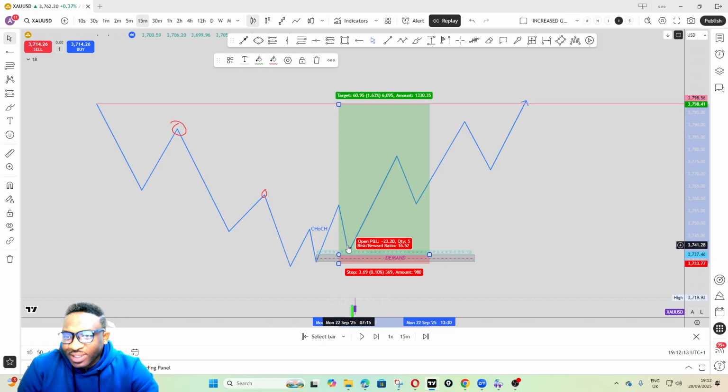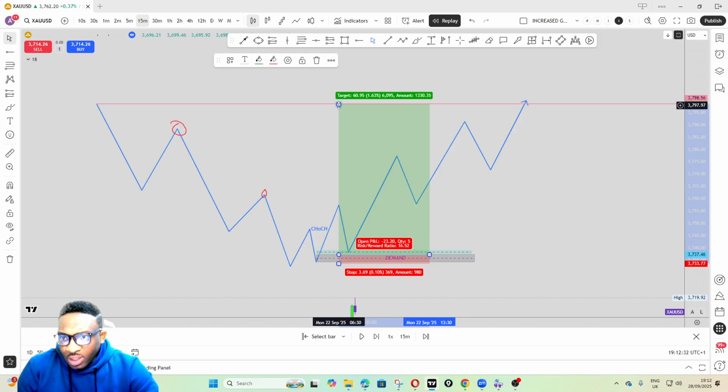For instance, if you take a trade from here, in this particular scenario we're looking at 16:1. So we're risking, let's say, 1,000 for 16,000 in this particular illustration that I've made here.